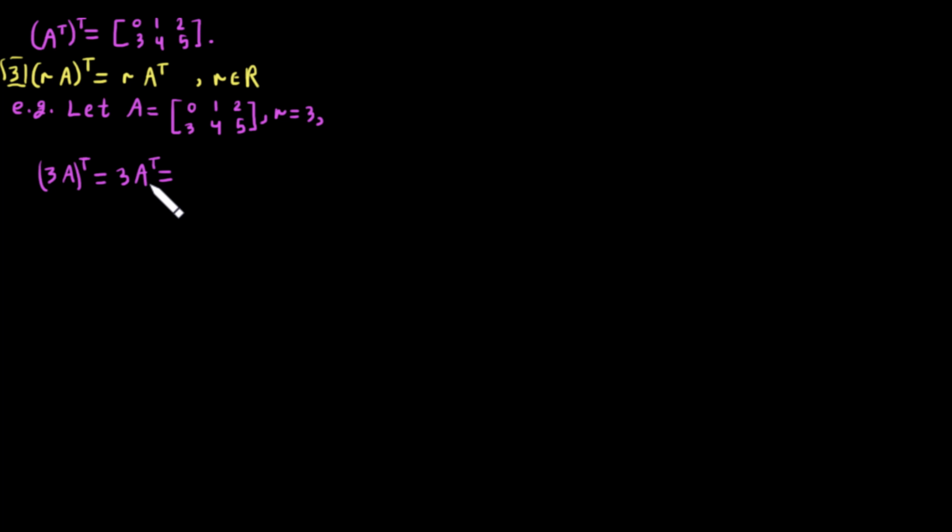Now you have to find the transpose of this A. So 3 times the transpose of this, so this row will become a column. So it will be like this, 0, 1, 2. And the second row will become the second column. So 3, 4, 5.